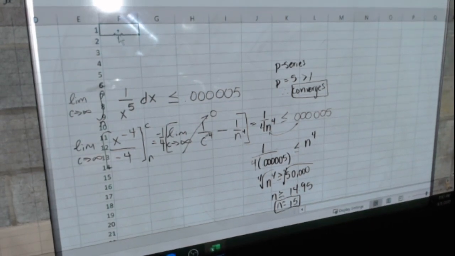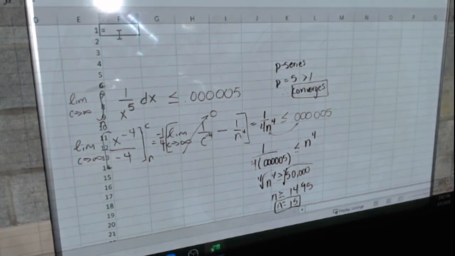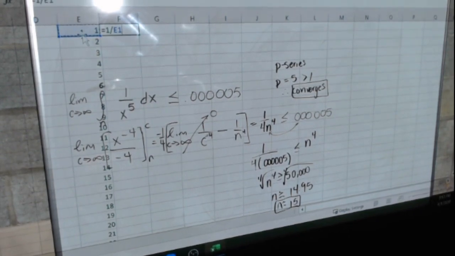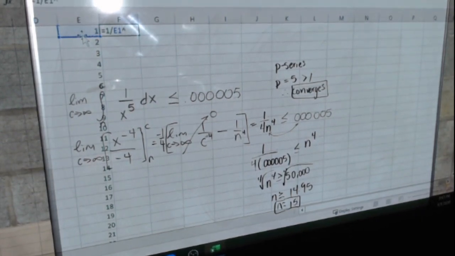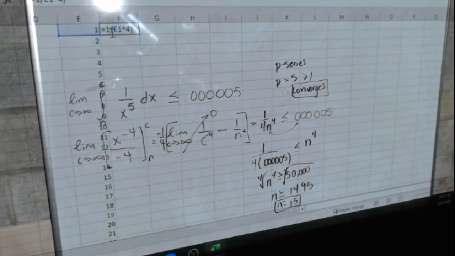Now I want to put my summation in here. So this equals 1 divided by this term to the 4th power. Just to be safe, I'm going to put some parentheses around it.